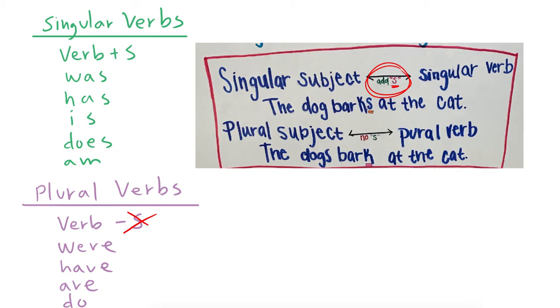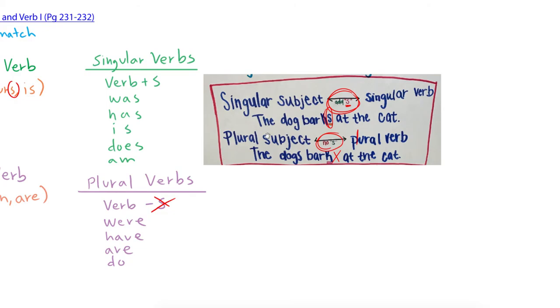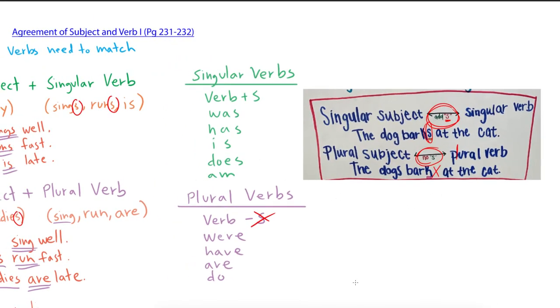For example, the dog barks at the cat. For plural subjects, you have to take away the s letter in your plural verb. She wrote plural wrong here. Plural verb, right? The dogs bark at the cat. So no s. You see how they took away the s? It's kind of just to help you remember. Okay, let's go back to our worksheet.